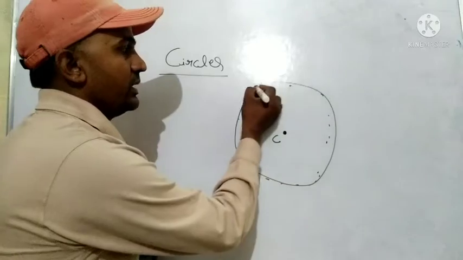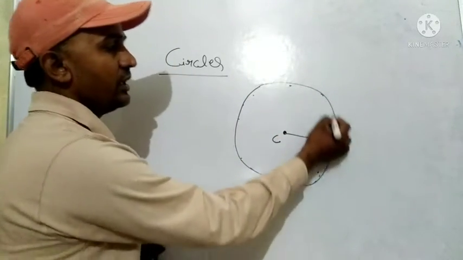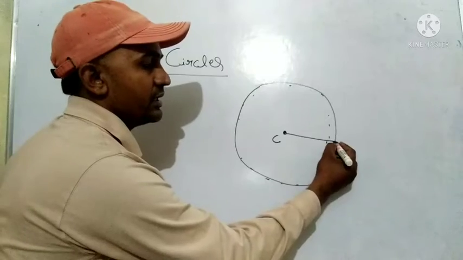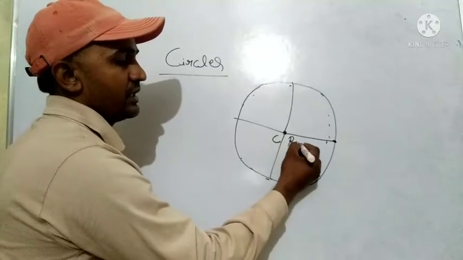The fixed distance from the center of the circle to all the points in all directions is called the radius.